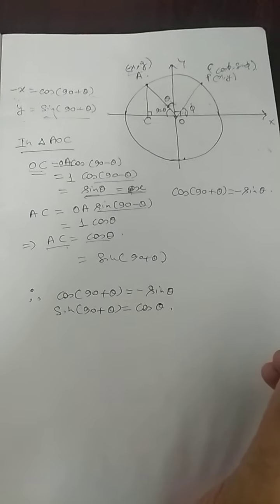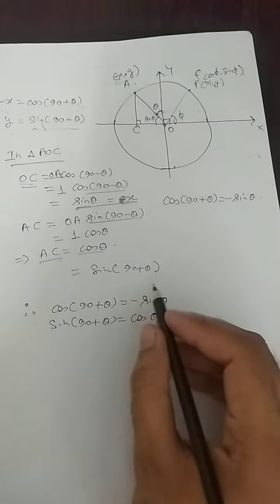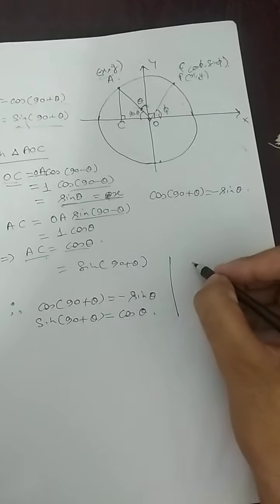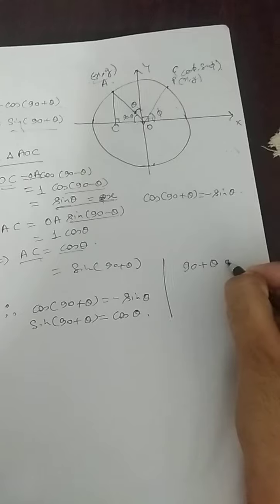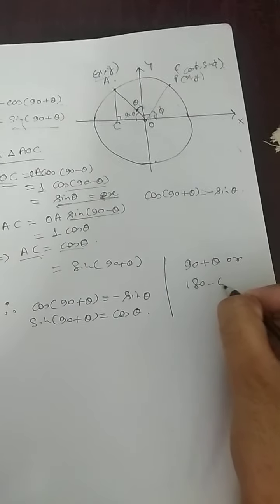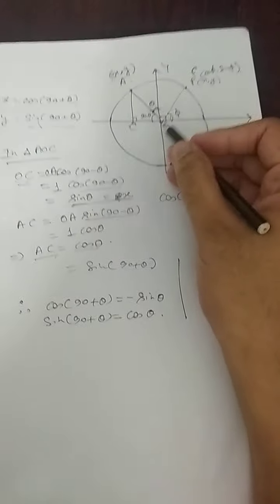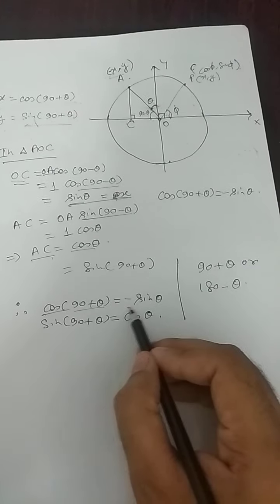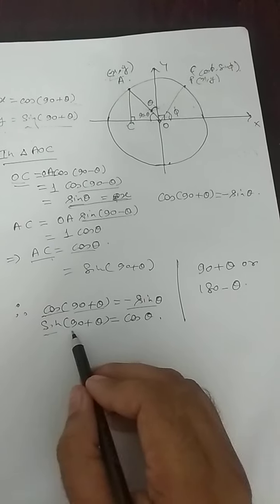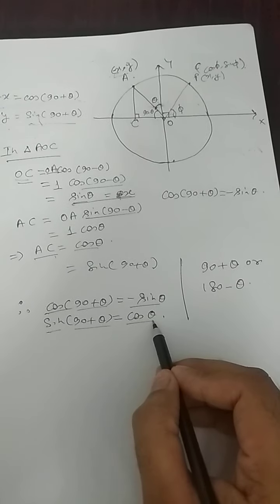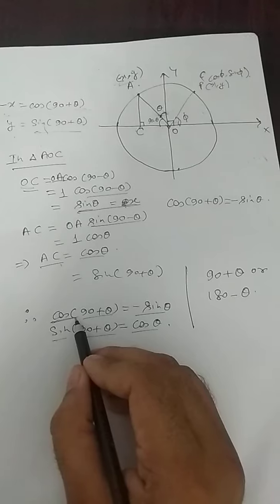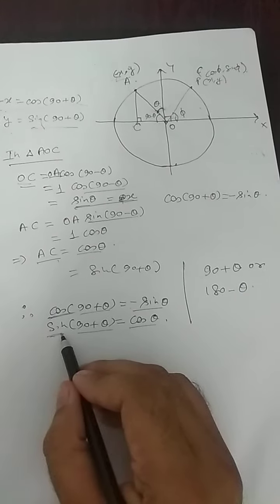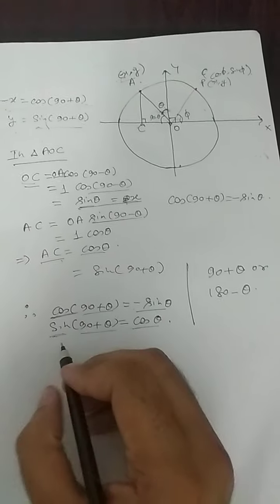One more thing to realize here: any angle in the second quadrant will be written as 90 plus theta or 180 minus theta. So in the second quadrant we can observe that cos of 90 plus theta gives a negative result and sine of 90 plus theta gives a positive result. So cos in the second quadrant will be negative and sine in the second quadrant will be positive.